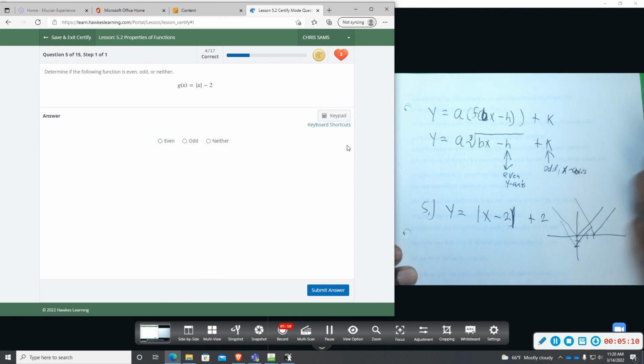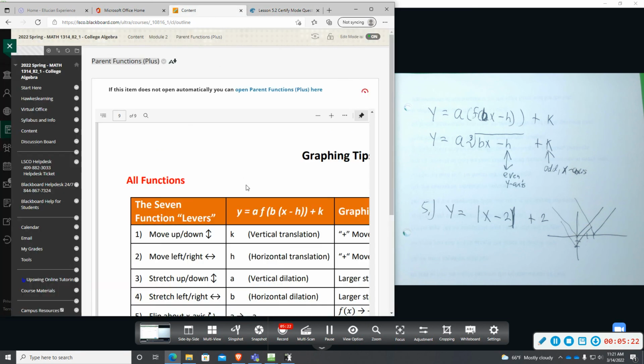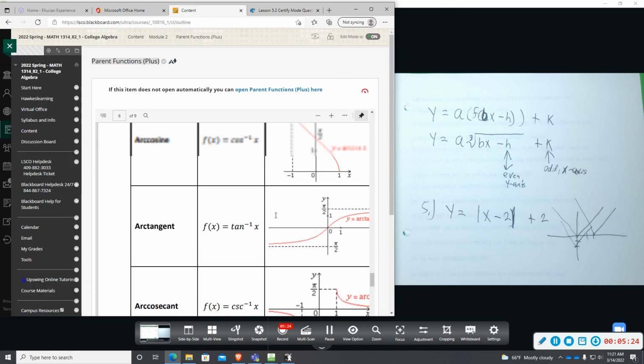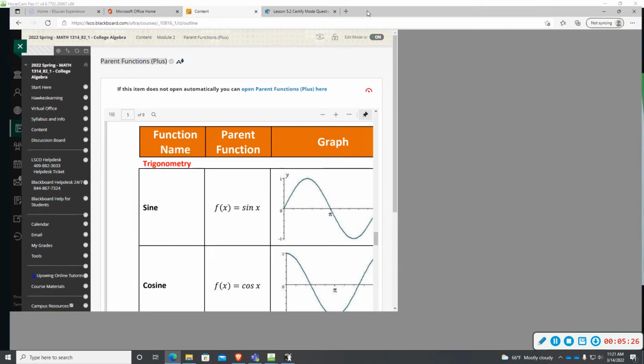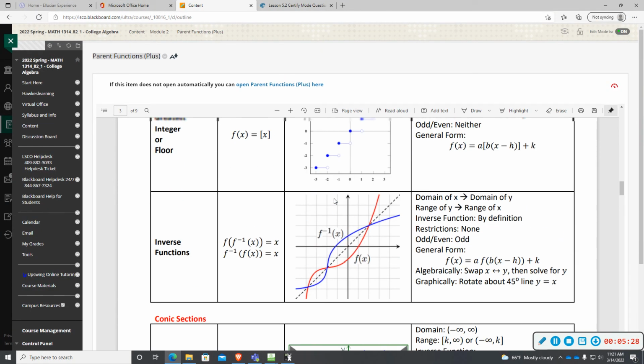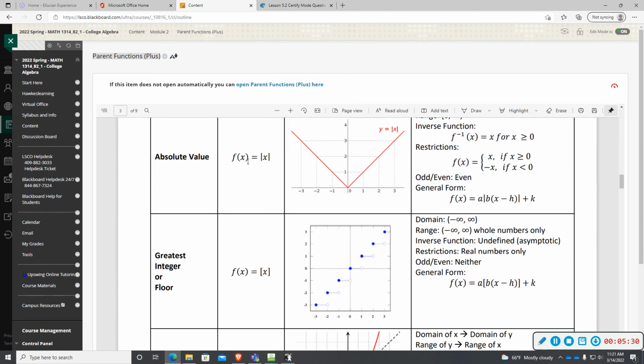One of them is still even when you flip it across the y-axis. One of them is not, this one. And that's because of that. We don't have it inside with the x. So this is even, according to our parent function. Let me go back and show you absolute value. Both parent functions have most all these graphs. So here's your absolute value.